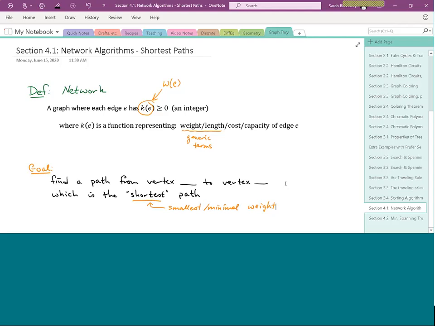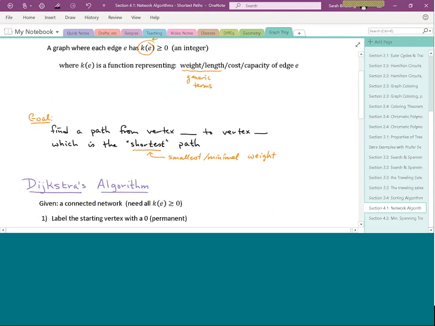So I'll show you two different ways to apply it. One of them is very careful, very precise, with all of the work shown out. I would highly recommend doing that first way at least once. The second way is where you can do shortcut work on the actual graph itself. I'll show you both ways.